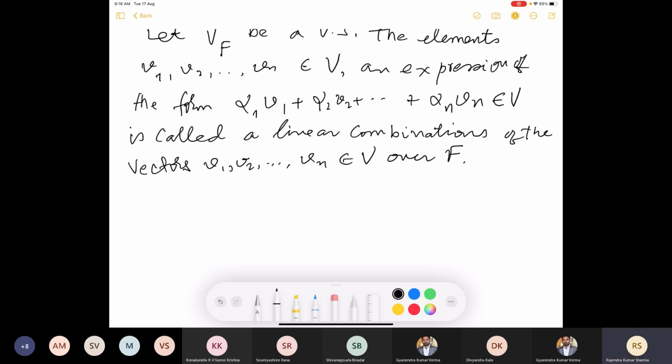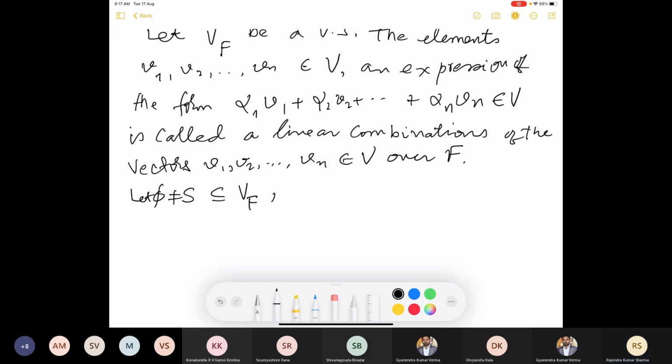Now we can collect all of these elements. So suppose we have a subset S of the vector space V, and we collect all the linear combinations. Then we say that this is the linear span of S in V. So let us take S to be a subset of the vector space V over F, and suppose this is not empty.